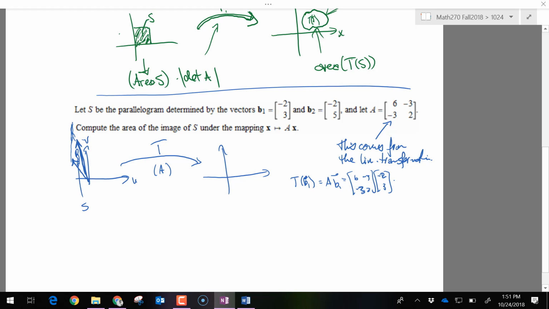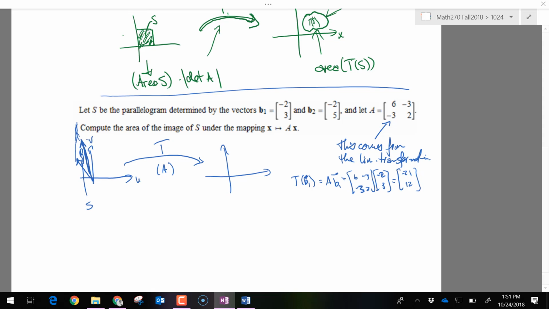And so that's -12 minus 9, which is -21. And negative 3 times -2 is positive 6, plus 6, so that's 12. So -21 comma 12.